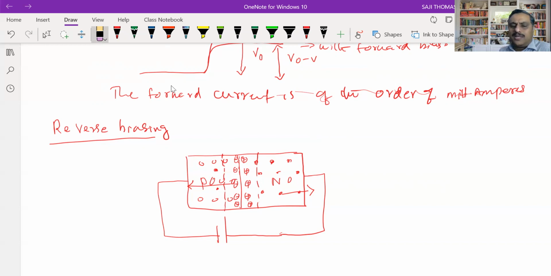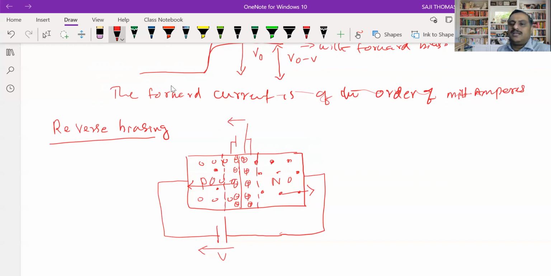And you see the potential at the junction. See, the applied potential direction is in this way. The potential difference direction is from positive to negative. See, this is the direction of applied potential. You come to the junction. Here it is negative and positive. See, both are in the same direction, right?